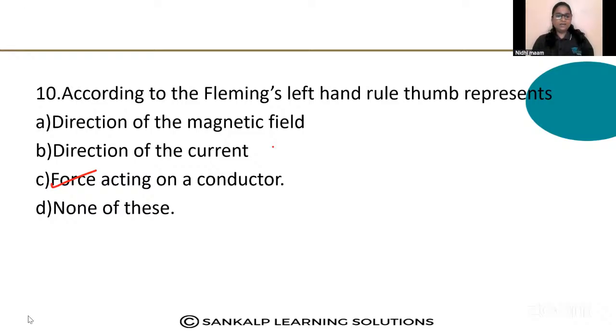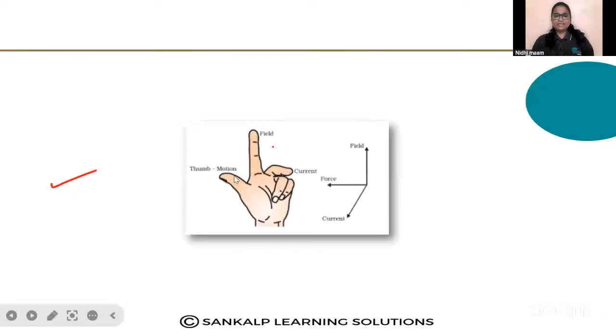Next question. See, what does the thumb represent? The force, or we can say the motion of a conductor, in which direction the conductor is moving, or the force acting in which direction on that conductor. Then what does the forefinger indicate? The direction of the magnetic field.